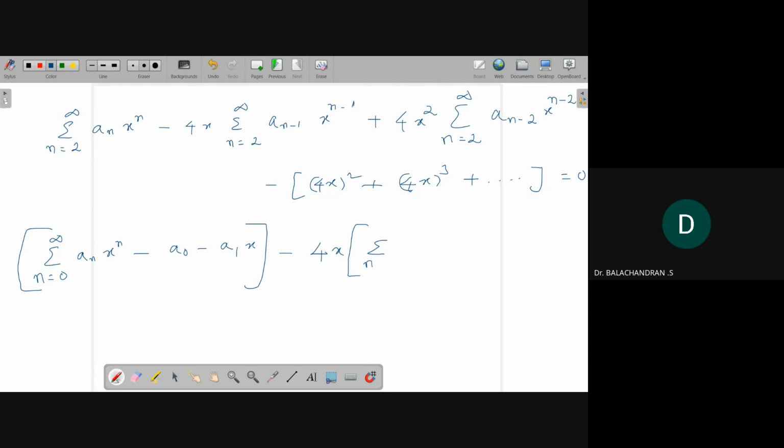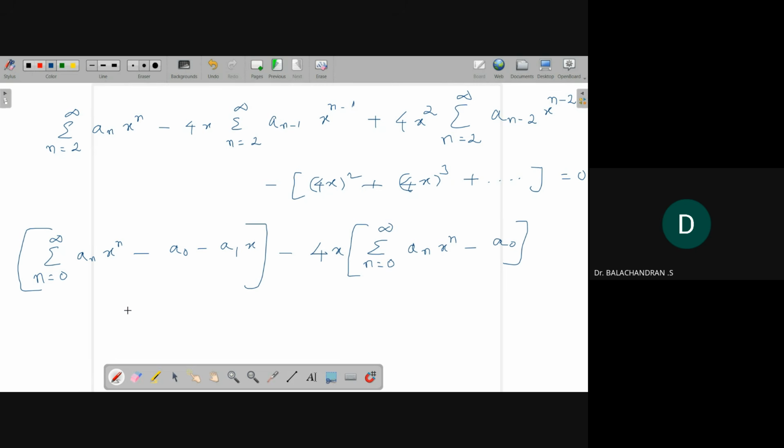That is, to rewrite, n equal to 0 to infinity an x power n, minus. If it is an x power n, this contains the first term. So I need to subtract the first term, which is missing here. I included the first term here, so a naught I should subtract.